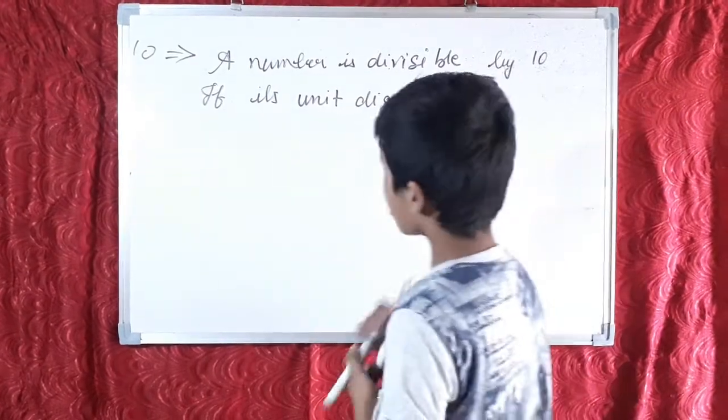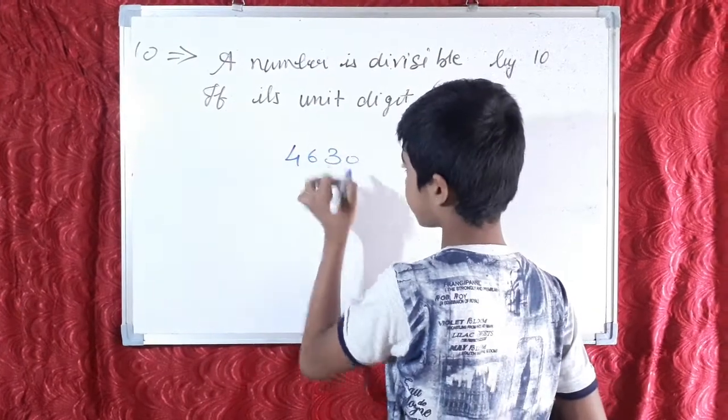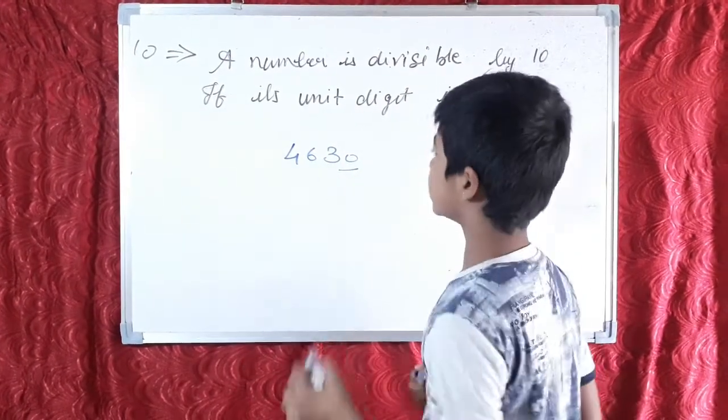Okay. For example, we will see 4,630. Its unit digit is 0, so it is divisible by 10.